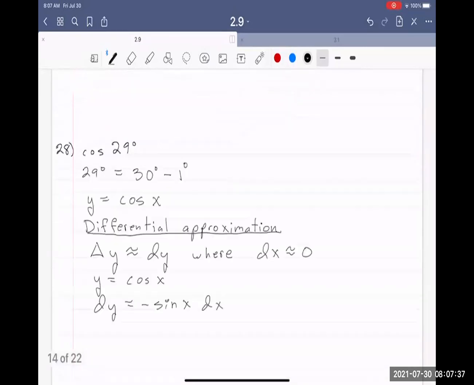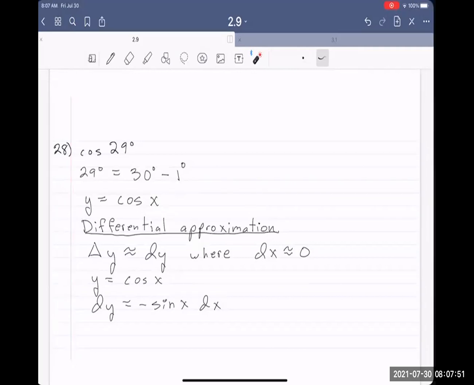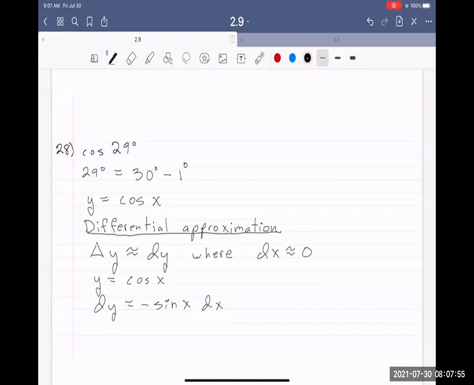And I will write 29 degrees as 30 degrees minus 1 degree. Now, of course, I can't use degrees. So, what's cosine of 30 degrees? Maybe I'll do it this way.